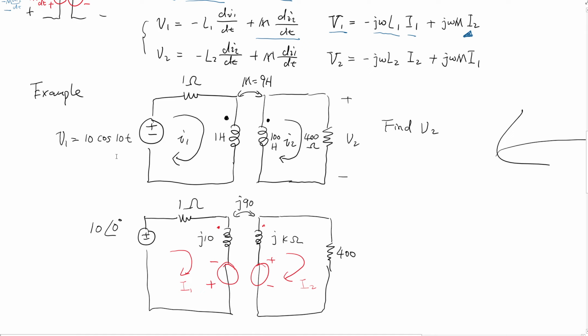All right, so that's the voltage being given here. Then we bring everything into the phasor domain, so j omega L. This is a j omega L as well. So this is j1000 because omega is 10.